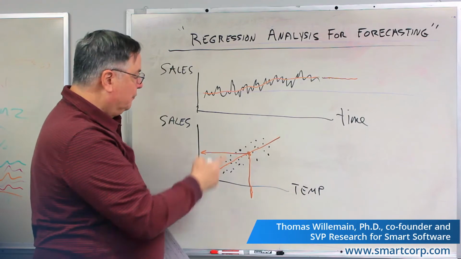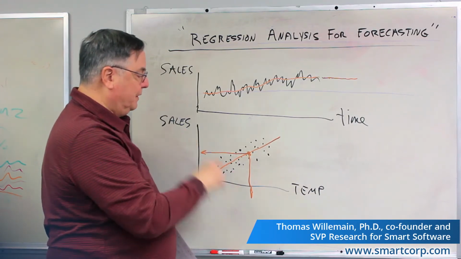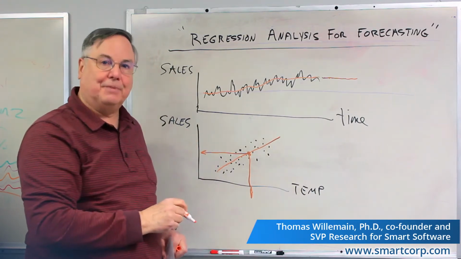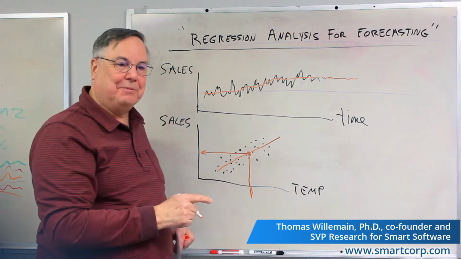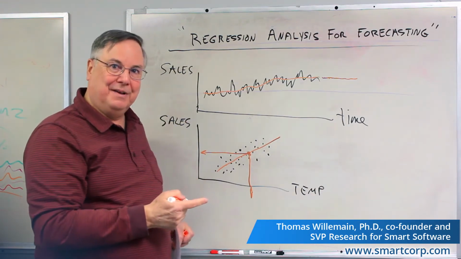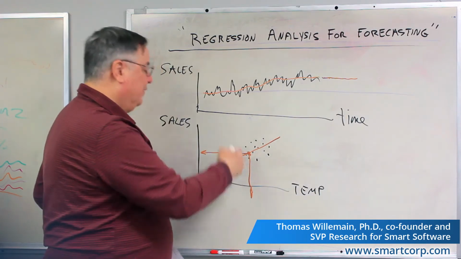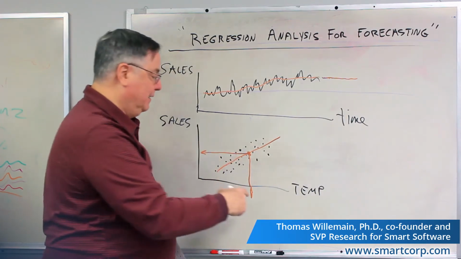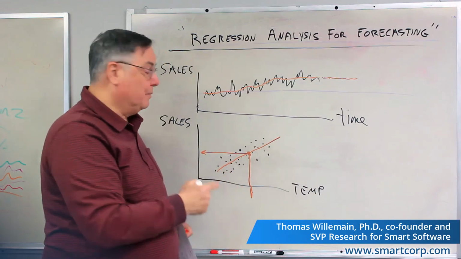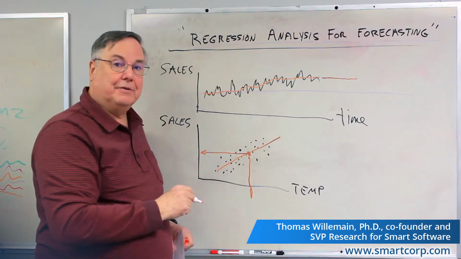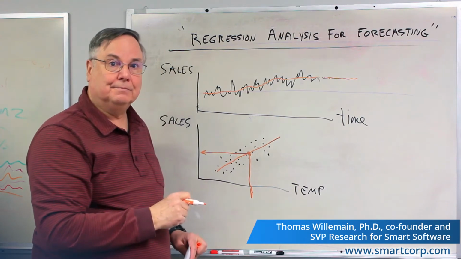Here, to make a forecast of sales, we have to have a forecast of temperature. And that's turning a single forecast problem into a double forecast problem. But if temperature is related to sales, and if temperature is itself forecastable, then a regression approach can improve the accuracy of your forecast of sales.